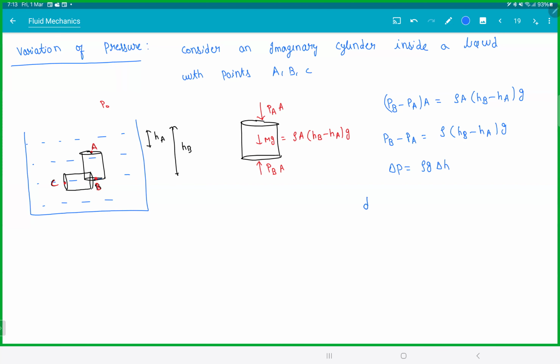This gives you a differential form. So dP, the small change in pressure, will be rho g dH, where H is the difference in height and dH is a small change in height. This is a change in pressure across dH depth.